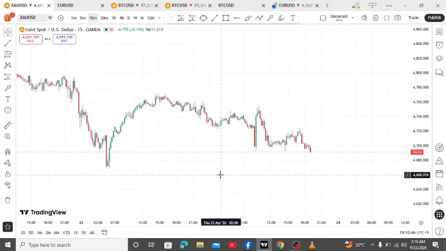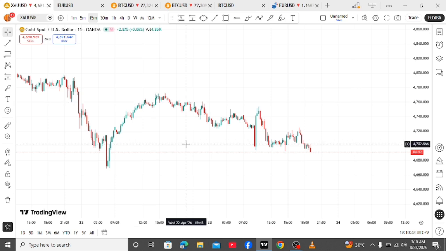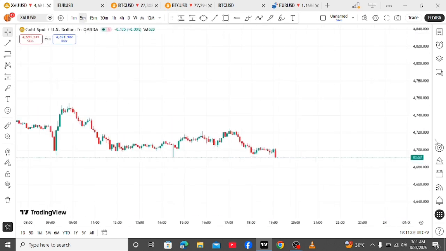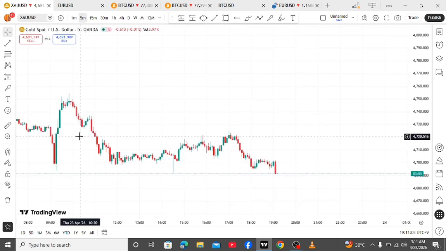Alright, this is a bit choppy. I think we should move over to the 5 minutes time frame. This is your 5 minutes time frame.